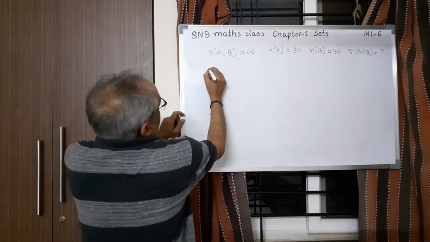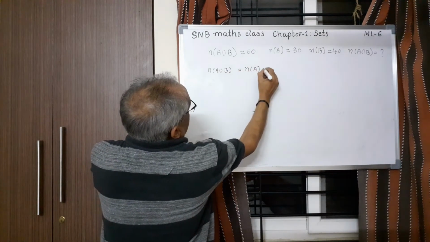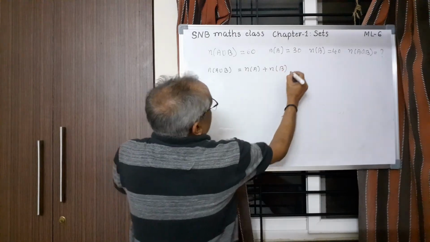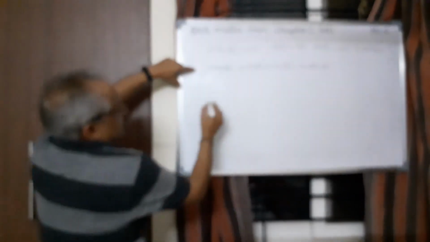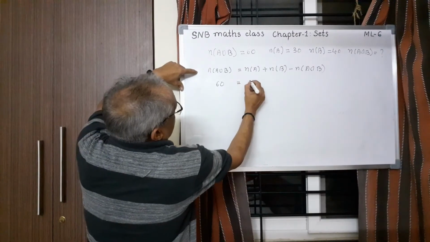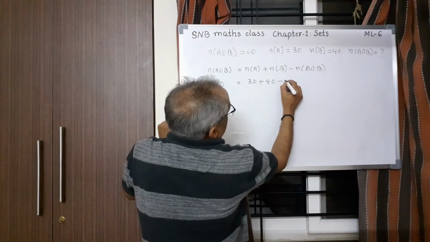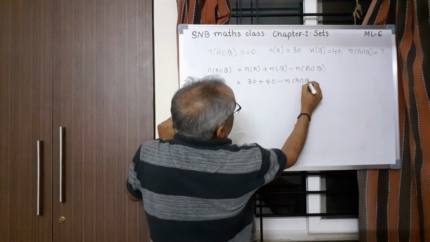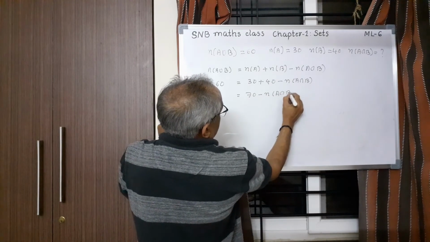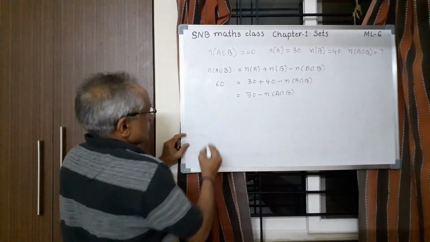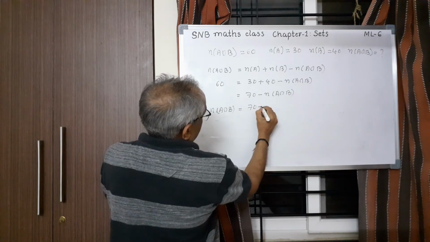So now the formula for number of A union B is number of A plus number of B minus number of A intersection B. So substitute here, 60 equals 30 plus 40 minus number of A intersection B. So this will be 70 minus number of A intersection B. Therefore, number of A intersection B equals 70 minus 60.